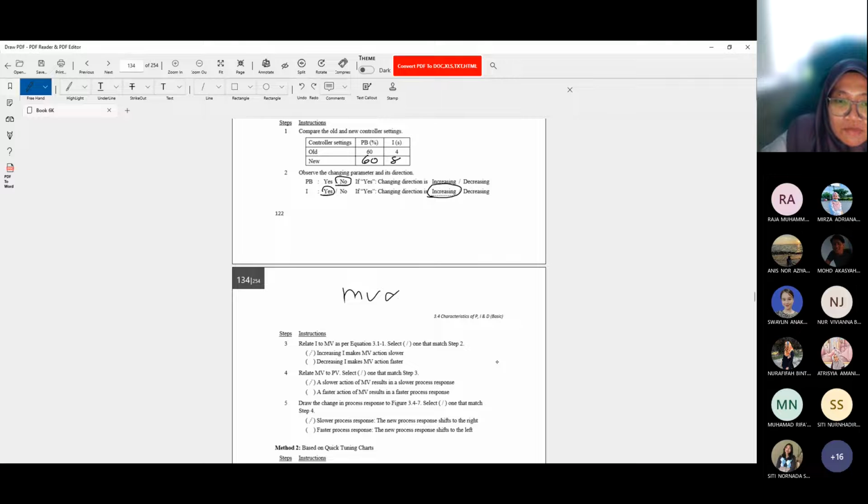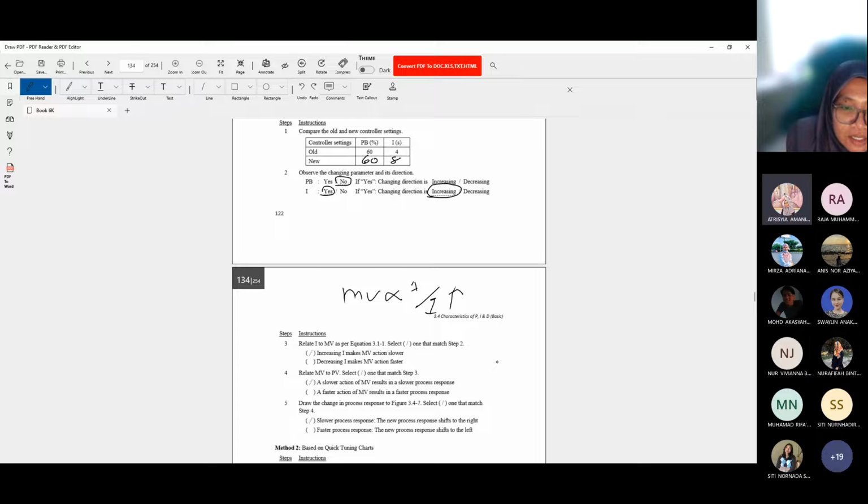MV is inversely proportional to 1 over I. So when I increase, MV decreases, or the action is slower. So from MV, we can evaluate the effect on PV based on the relationship of MV to PV.